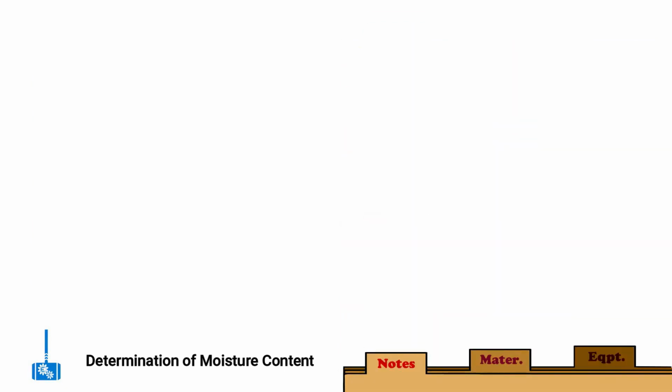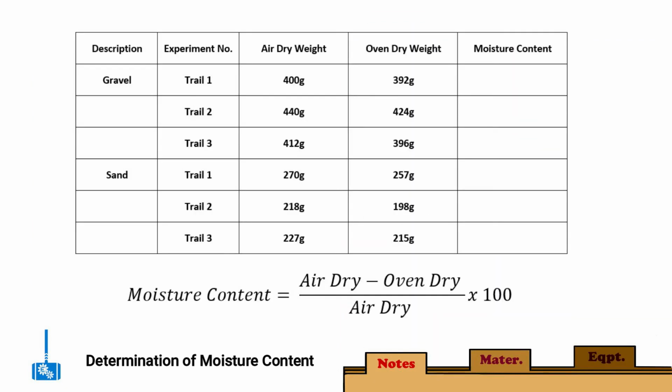So from our notes, we can make a table for our trial, our air dry weight and oven dry weight. Now all we have to do is compute the moisture content. For our gravel, our first trial, we subtract 400 grams minus 392 grams over 400 grams multiplied by 100, and we will get 2% moisture content.